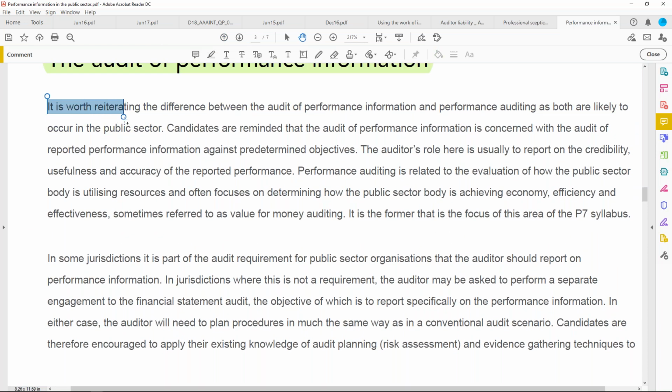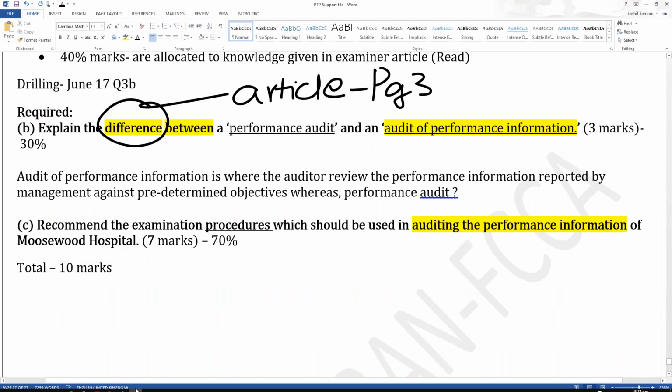It is worth reiterating the difference between audit of performance information and performance audit, as both are likely to occur in public sector. So the examiner is saying it is important to know the difference between audit of performance information and performance auditing, as both are likely to occur in public sector. So the examiner is telling us that very carefully.